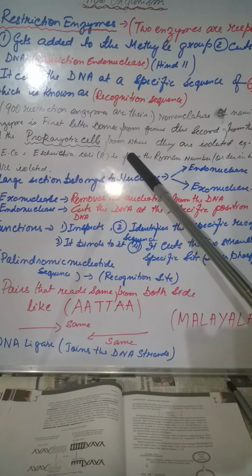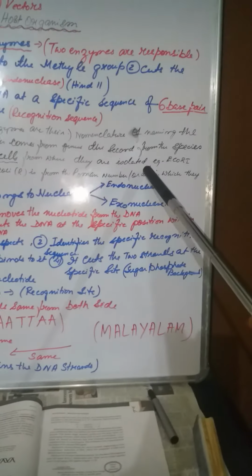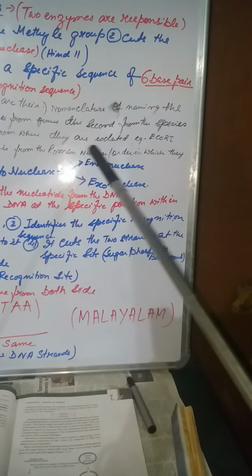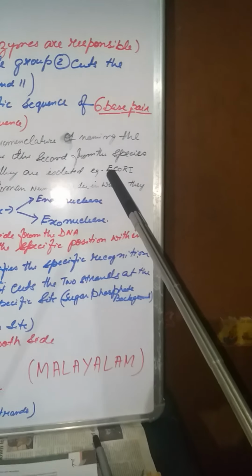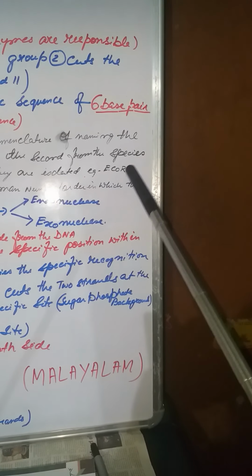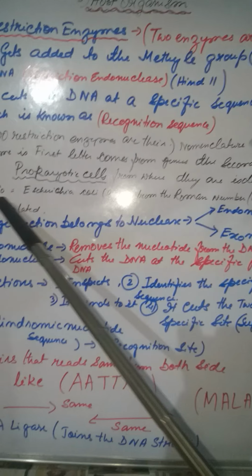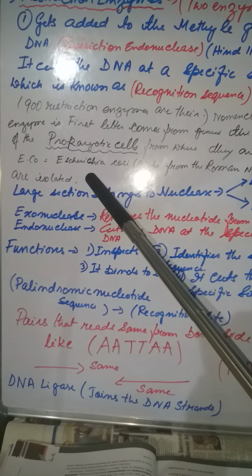And then the name also indicates where they are isolated from. For example, we have EcoRI. Now what is EcoRI? E comes from Escherichia, that is the genus.